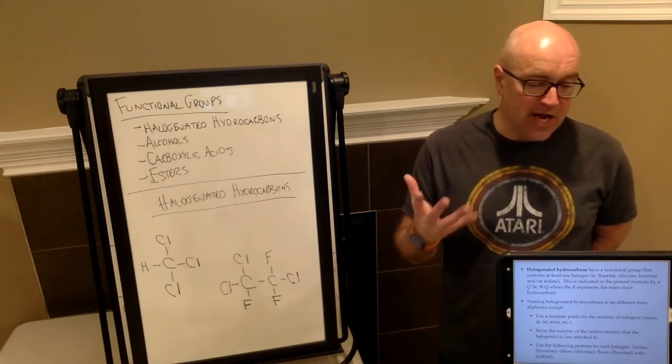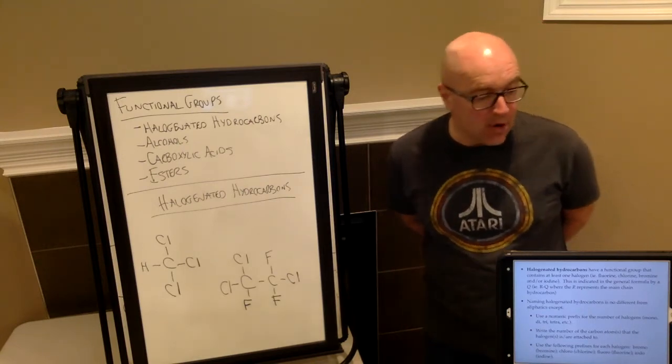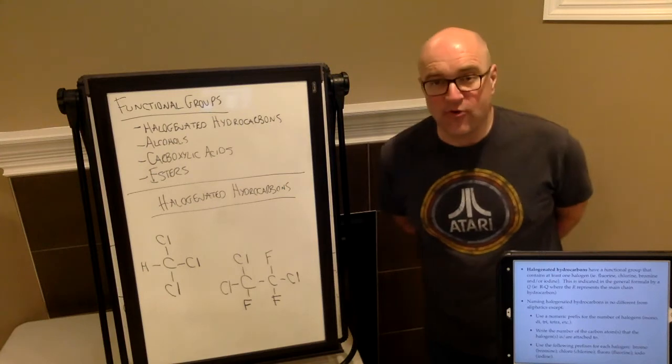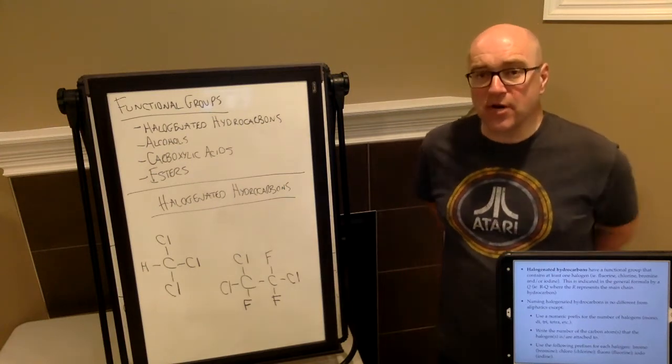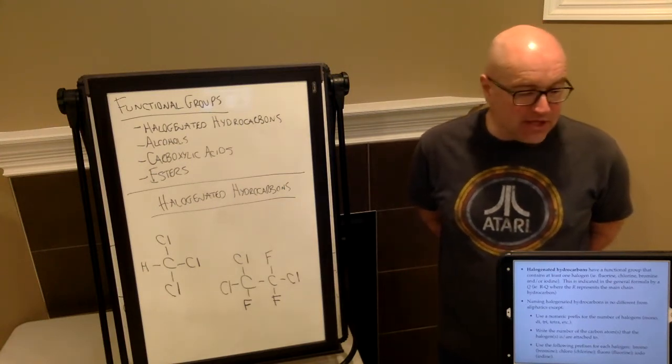These would include such elements as fluorine, chlorine, bromine, and iodine. These are the four main halogens that are going to be found in these halogenated hydrocarbons.